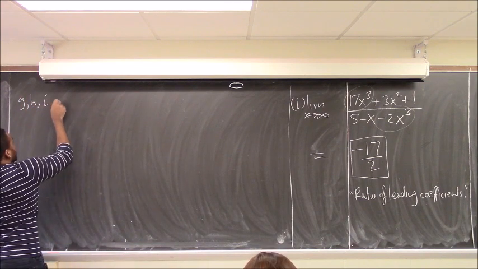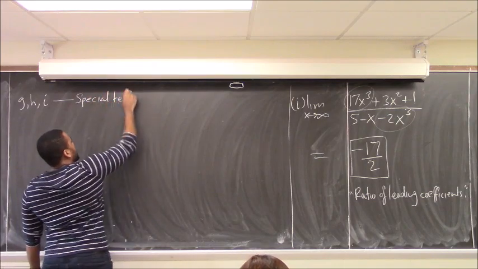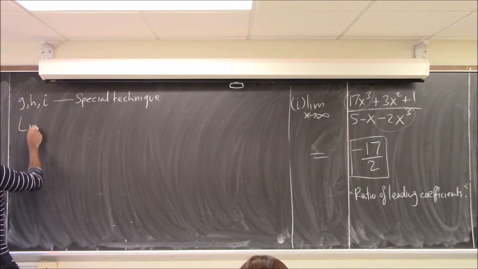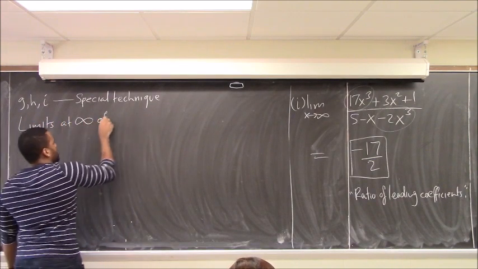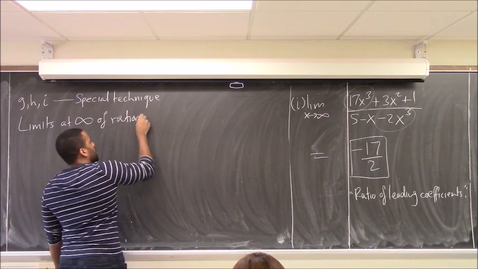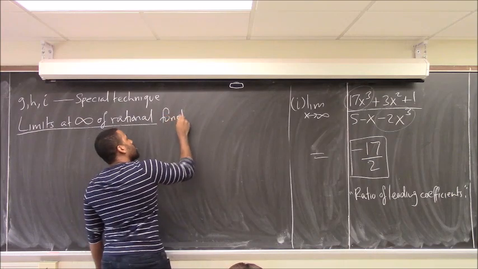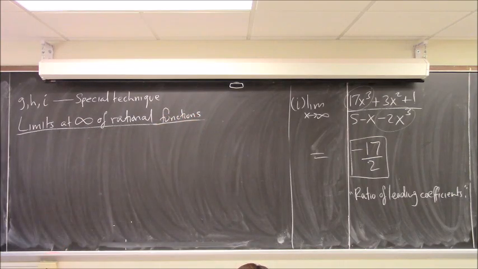So G, H, I shows a special technique, and this is the case of limits at infinity of rational functions. It turns out for these guys, you don't have to think very hard. There are only 3 cases and they're pretty easy to identify. So it's nice to just know that as a class of limits that you can deal with easily.